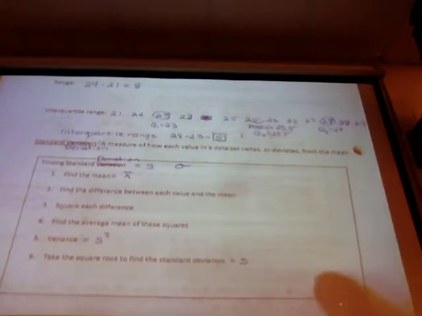So, on here we're going to do a problem. Find the mean and the standard deviation for all of these numbers. First of all, to find the mean, I'm going to just show you, it's like this. You add them all up, and you're going to have to know how to do this, even though your calculator does it automatically for you.